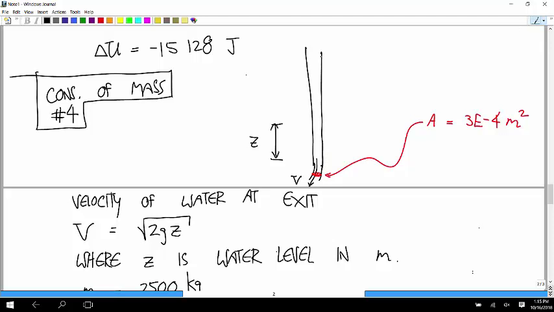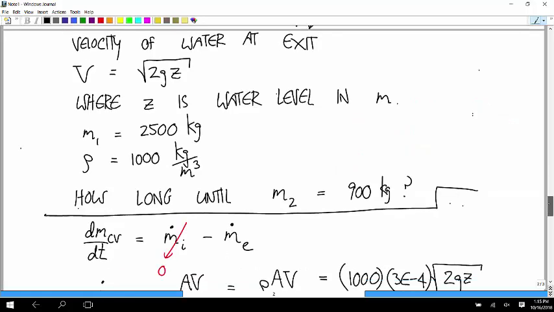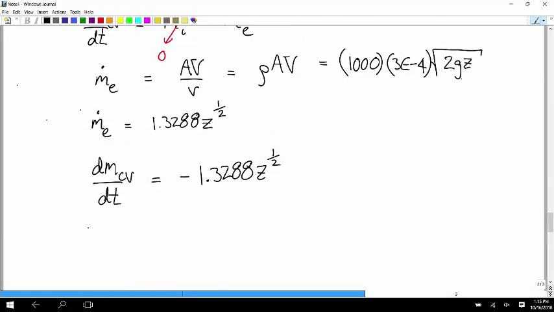Okay, so this whole thing is a cylinder. And so the cross-sectional area is the same the whole way. And so then the mass is equal to the density times the area times the height.